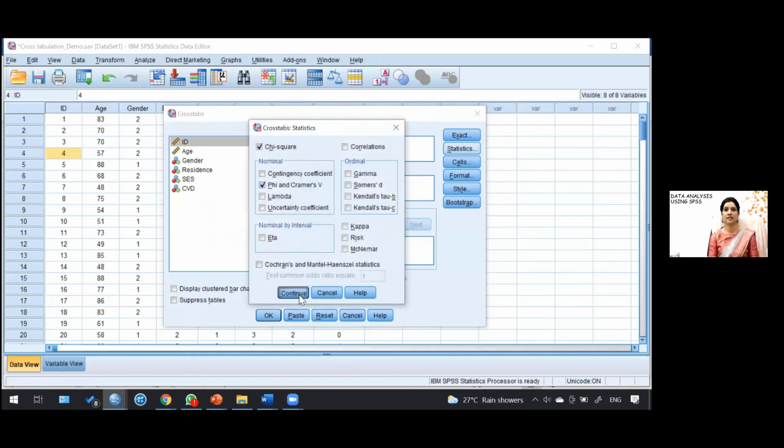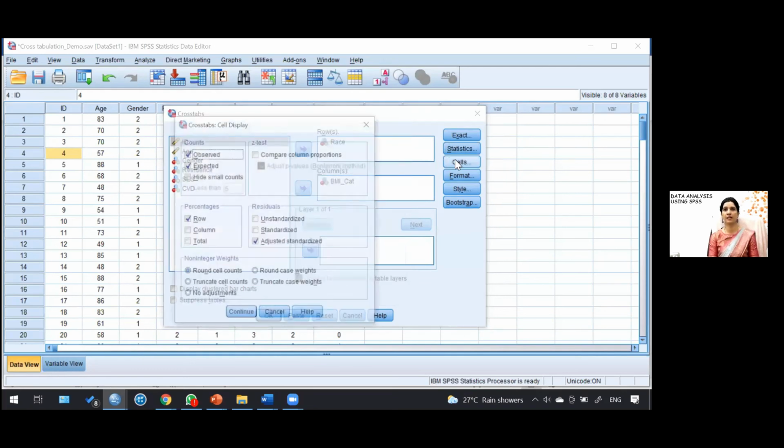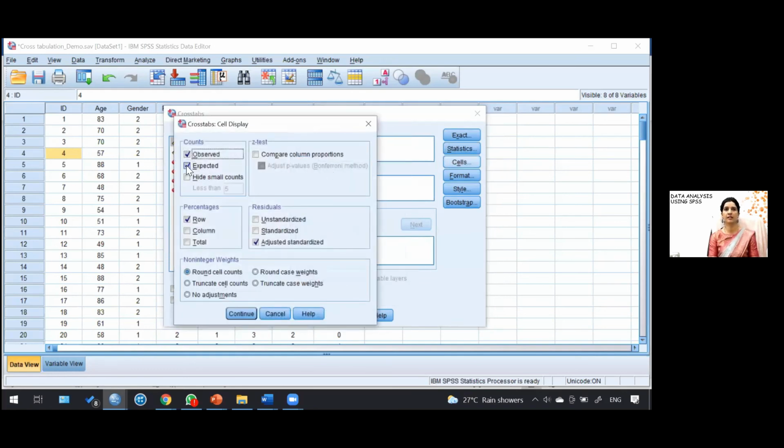And in cells, basically, for all practical purposes, even if you don't click this expected, ultimately you have to only enter the value of observed and row. But you should click this just to have a better understanding. And if the table is more than 2 by 2, because in 2 by 2, it is clear that in which pair it is significant.